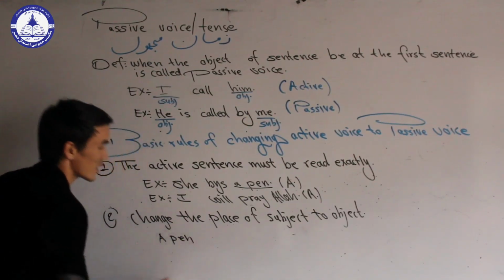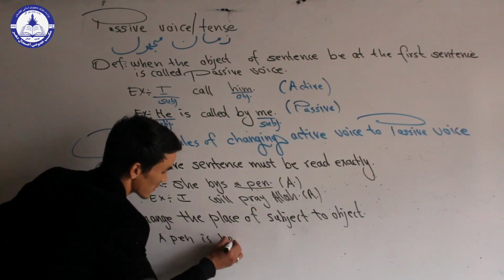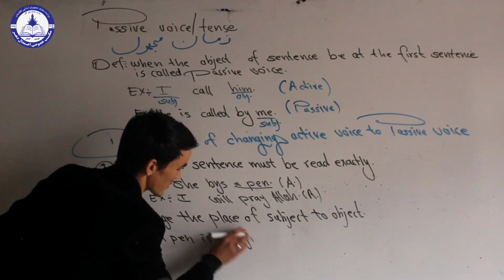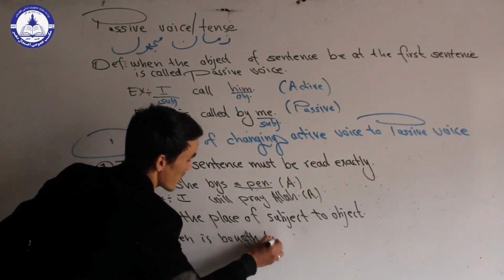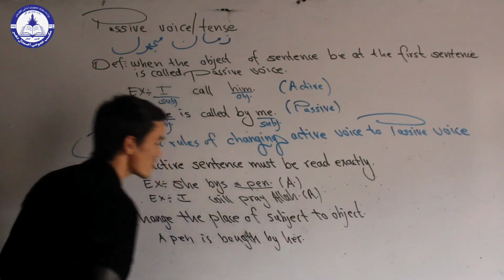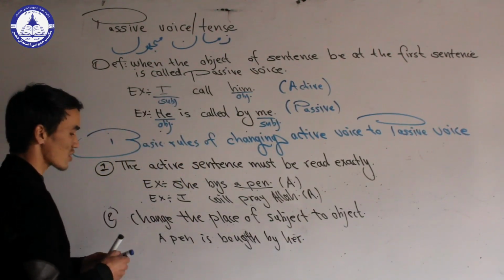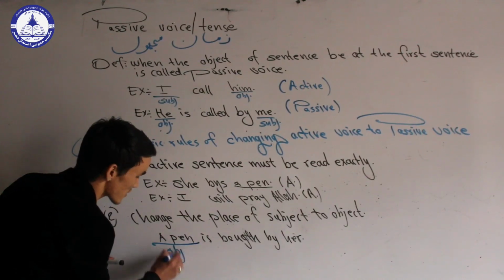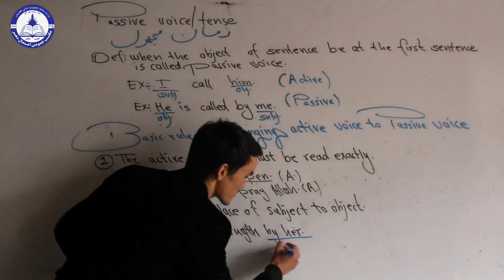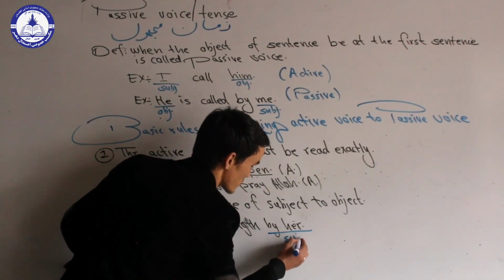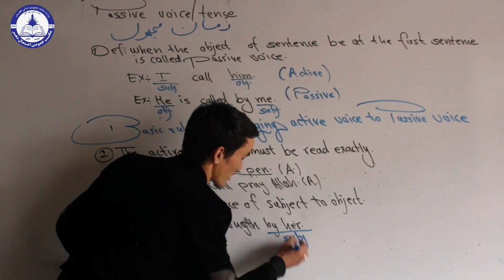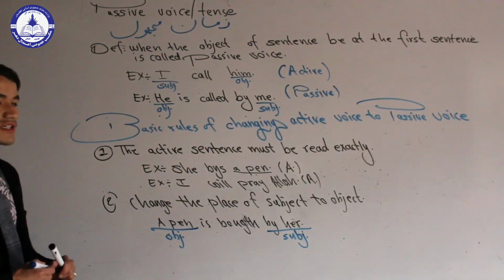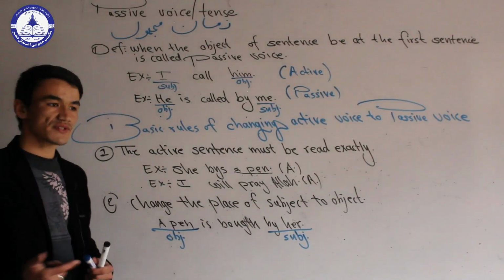Okay, a pen is bought by her. And here we change the place of subject to object. The object comes at the first of the sentence, and the subject is used at the end of the sentence. So the second step is changing the place of subject to object and object to subject.